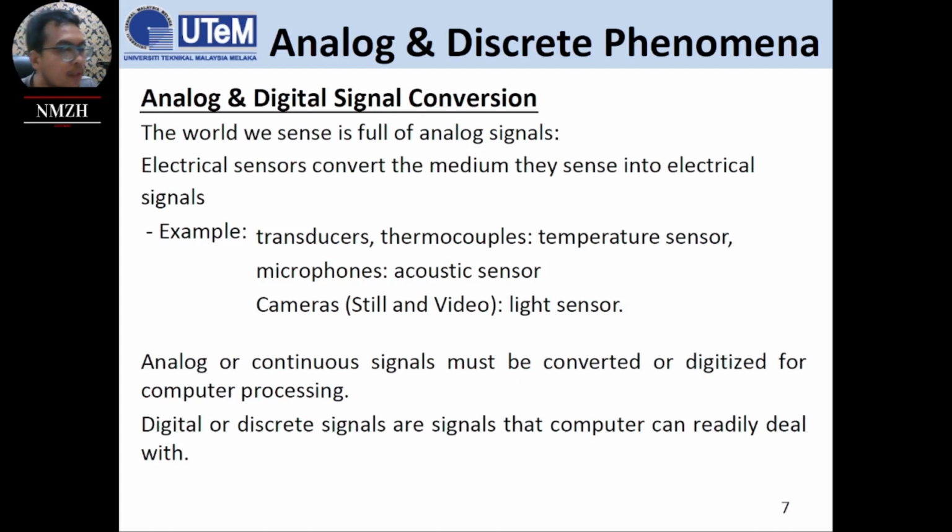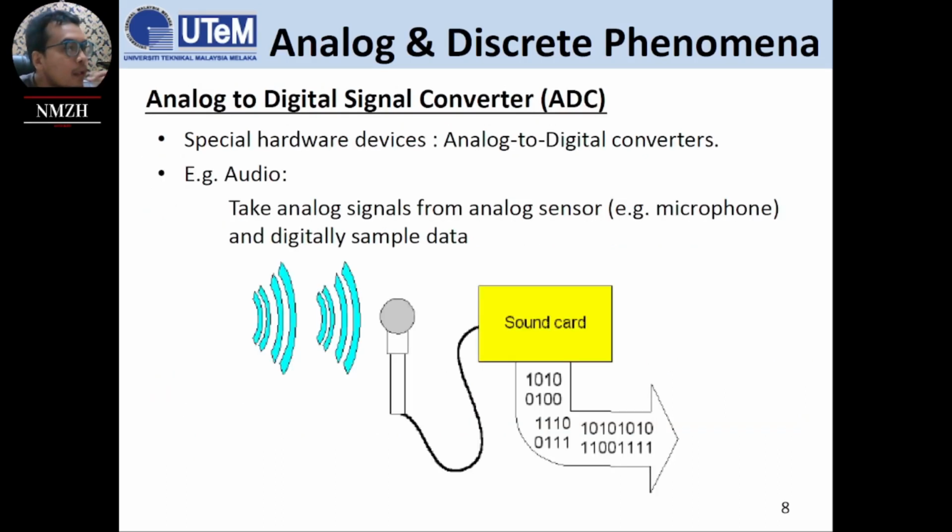So digital and discrete signals are signals that the computer can really deal with. As I mentioned earlier, every single thing that we use right now is digital, so we cannot run away from that. Okay, this is the example I mentioned earlier, the ADC, analog to digital converter.